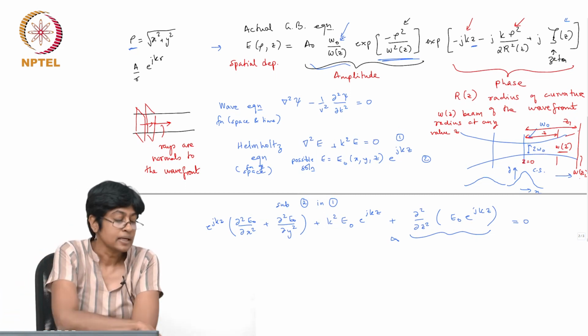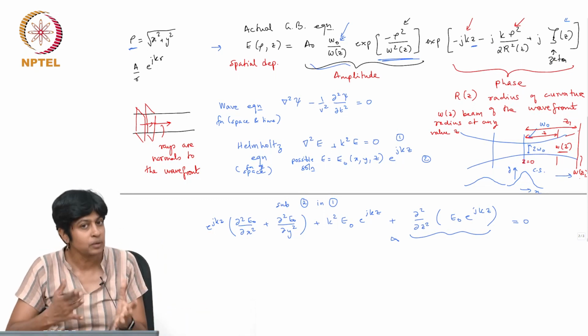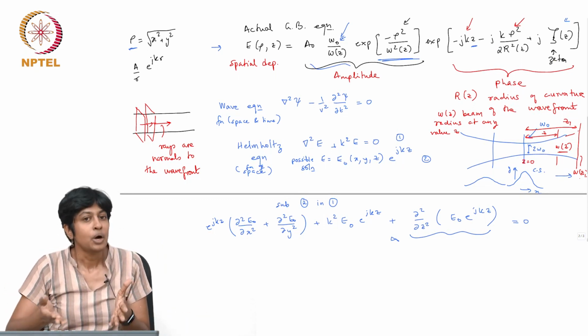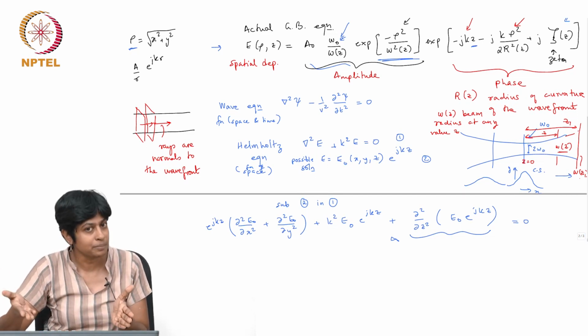Now, in all of these derivations, even when we did ray optics, you would have seen, you talked about third order aberrations, fifth order aberrations.